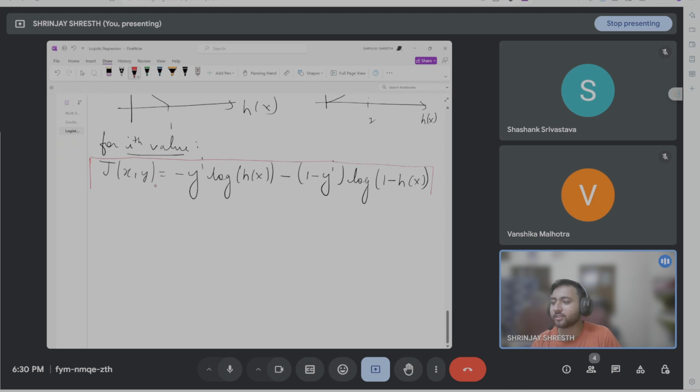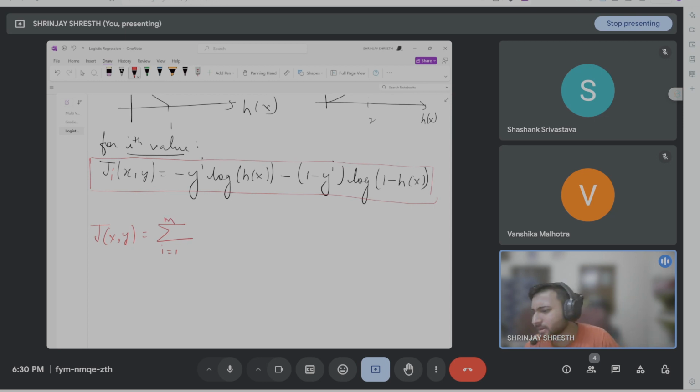If I am only taking for ith value, तुम पूरा क्लिक करोगे तो भी you will have only this value, because if you want to take it for the entire set, you may have, let us say for ith value, something like J(x, y). It would be a summation i equals 1 till m.